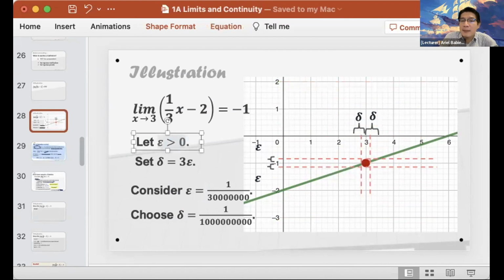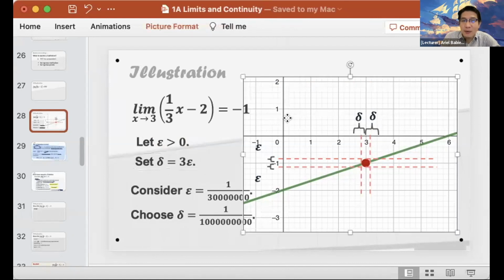So hindi natin sinasabi gaano kaliit, but we are actually considering every possible epsilon greater than 0, no matter how small, kung ano man yung inyong perception of what is small, it is captured by this epsilon greater than 0. Hindi natin sinasabi that it should be 1/2, it should be 1/4. No. For every possible epsilon, no matter how small, smaller than what you think is already small, we can still accommodate that. There will still be a corresponding delta.